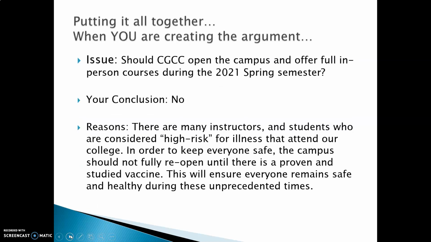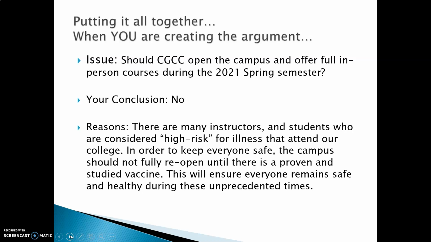So let's put all of it together. So now this is when you are creating the argument. These are your thoughts. So this is your issue of should they open the campus? Your conclusion is no. Here are your reasons.